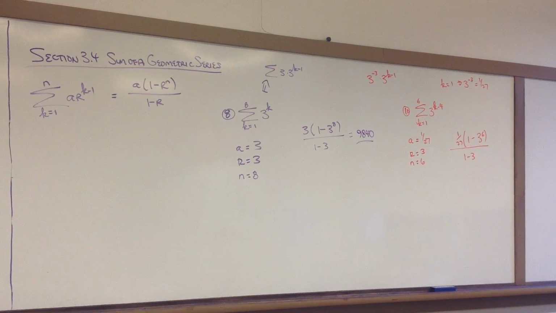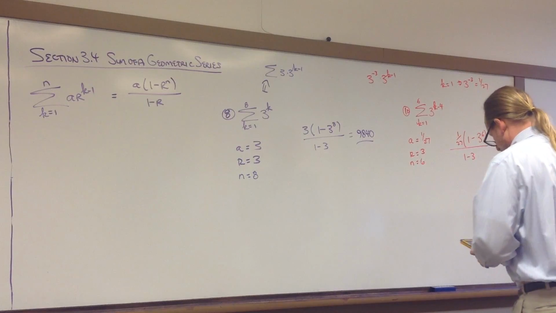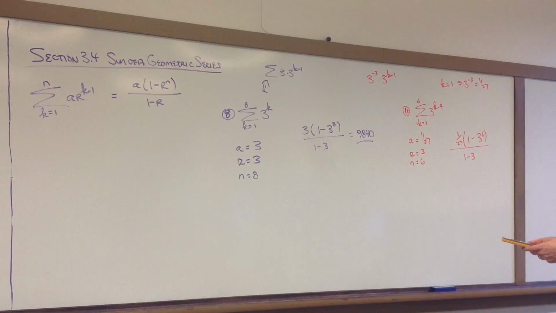All right, let's see what we get here. 1 over 27 times 1 minus 3 to the 6th power. Okay, so that's going to be negative 26 point something, and then we want to divide that by negative 2.